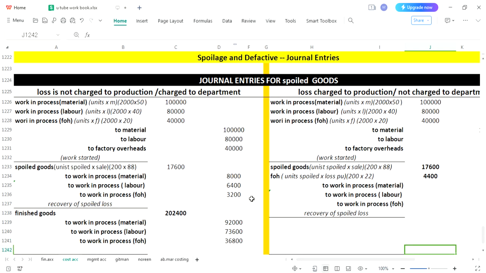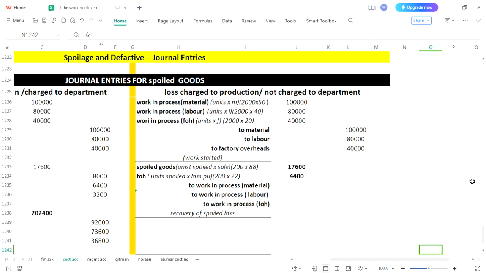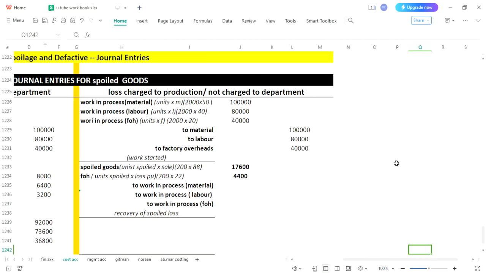Now remember what we have done to calculate this 8000. 17,000 was multiplied by individual amount and divided by sum of these three amounts. Same formula we will be using over here, and I will let you know by calculating here. So first amount you will calculate for work in process material. How? You will be looking over here, these two amounts will be distributed in three parts.